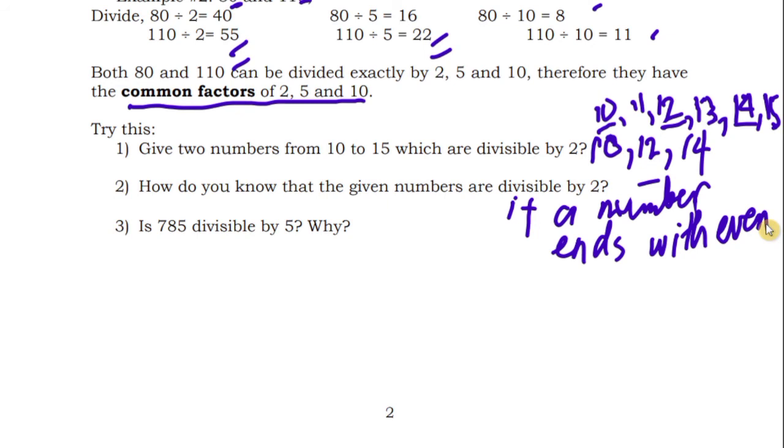Another set: is 785 divisible by 5? Why? Yes, it is divisible by 5. If a number ends with 5 or 0, it is divisible by 5. It ends with 5.